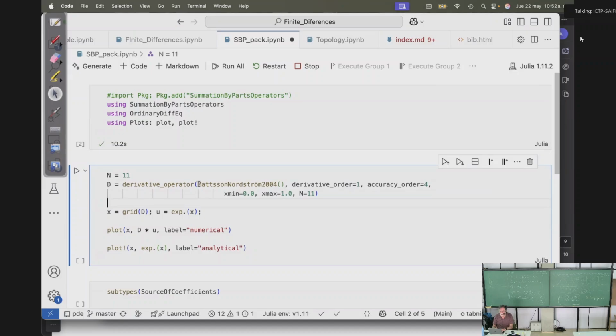It was proposed in this paper, Mattsson Nordström, 2004. Derivative order 1, accuracy equal to 4. It is in the interval 0, 1.